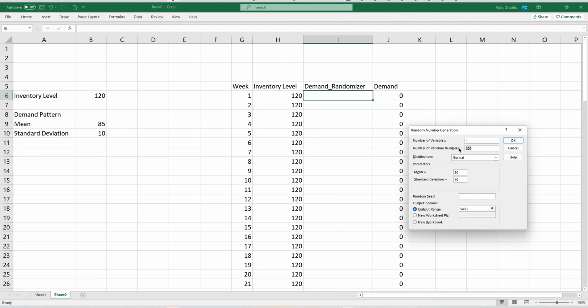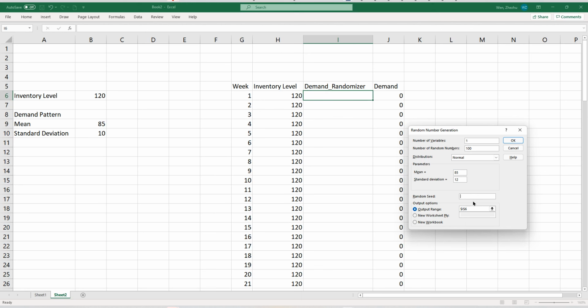And then we're generating 100 random numbers that follows normal distribution with a mean of 85, with a standard deviation of 12. We're going to start to dump it to here. Random seed is going to improve the reproducibility of this random number generation process.